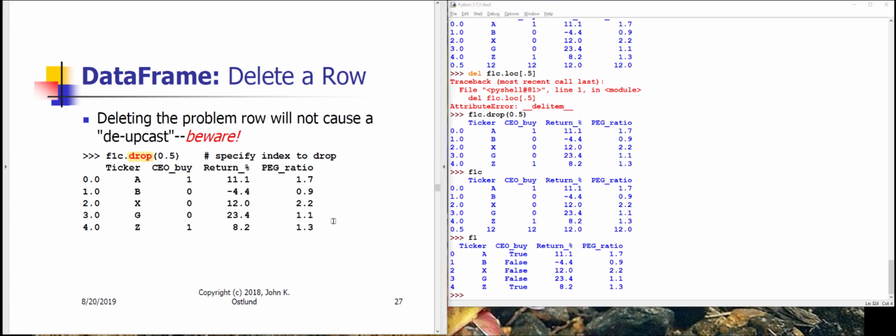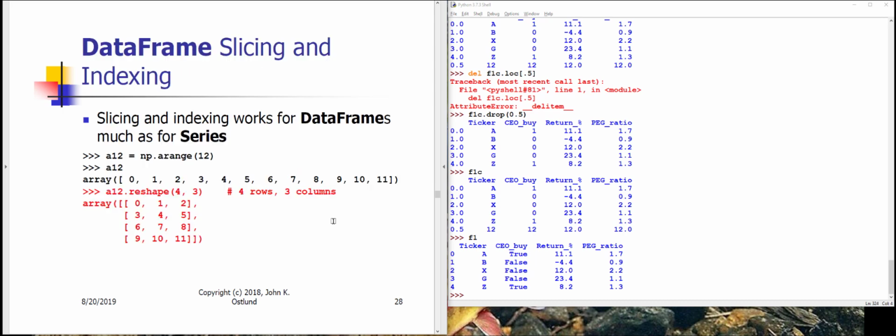Okay, so we've taken a look at columns, rows, accessing, adding, deleting. Next up, let's take a look at slicing and indexing within data frames. This is going to be very familiar from what we've already seen about ND arrays and series.